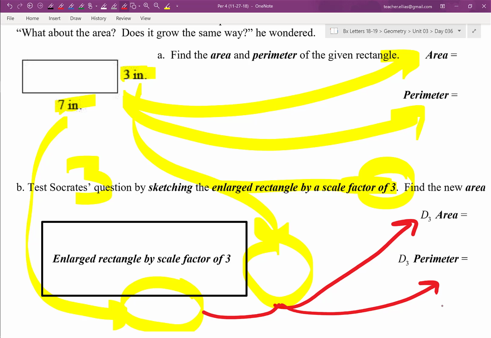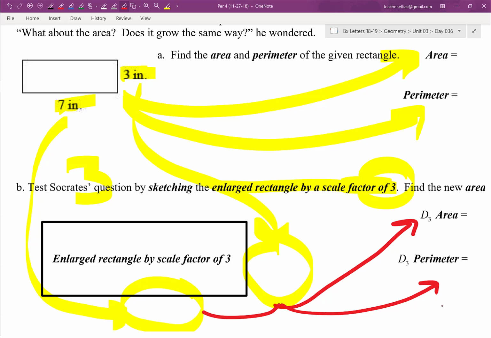14. Yeah. So the area. Take your area and triple it. Times it by 3. Type it into a calculator. What do you get? 63.